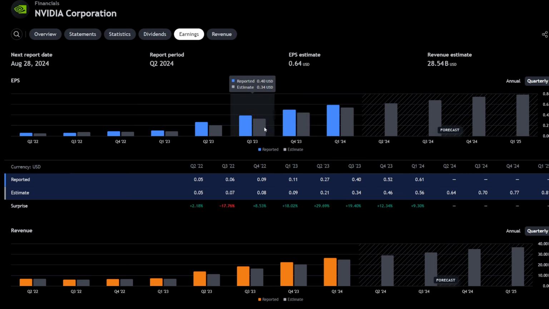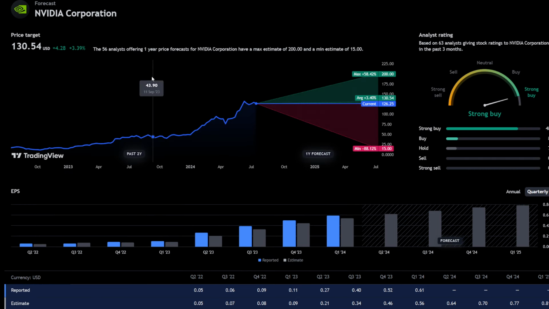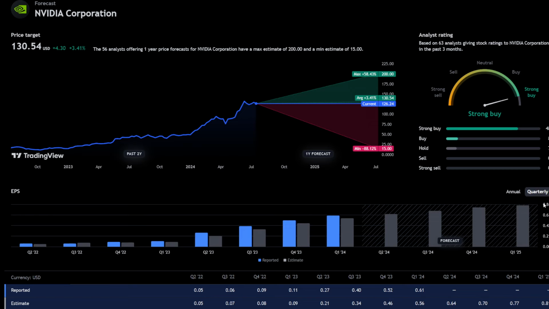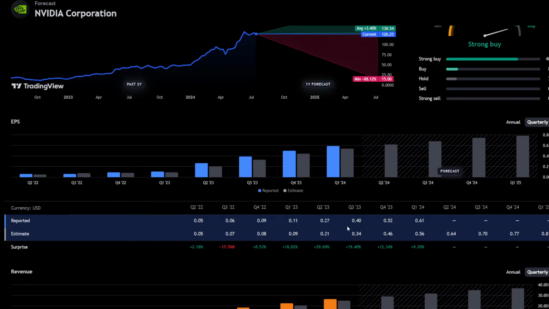But the thing here is, in this example, let's see actually the forecast right here. We're talking about more than 56 analysts from Wall Street, and all of them give estimates, and this is the average of the data they give. So obviously you have to analyze the estimate, the reported, see the trends.